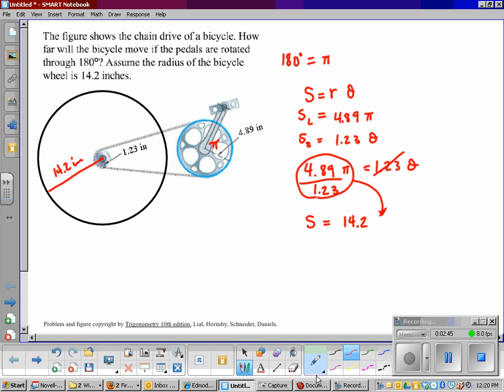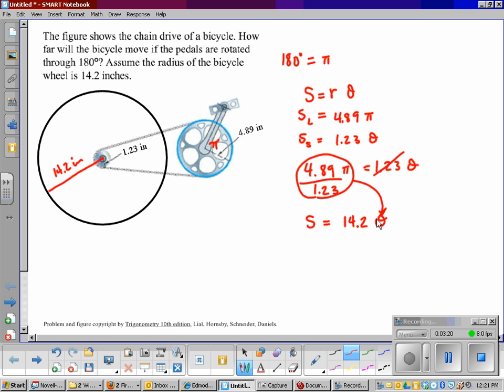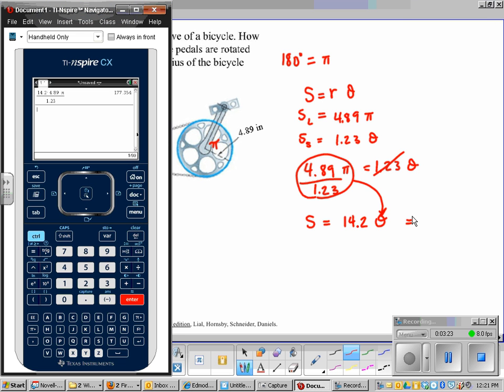So let's take that to the calculator and type that in. So the arc length that we get is equal to 177.354.